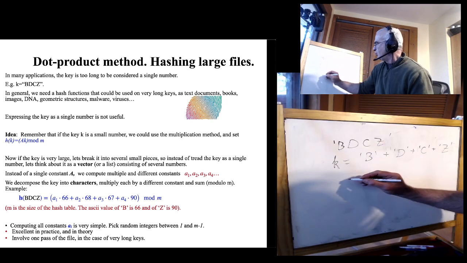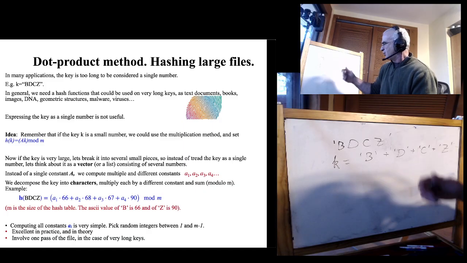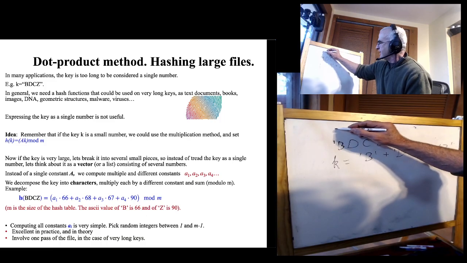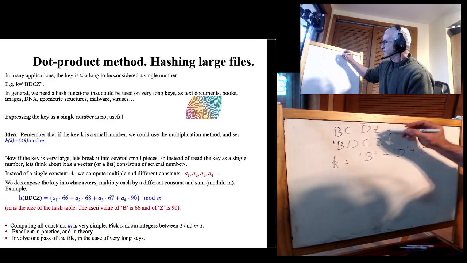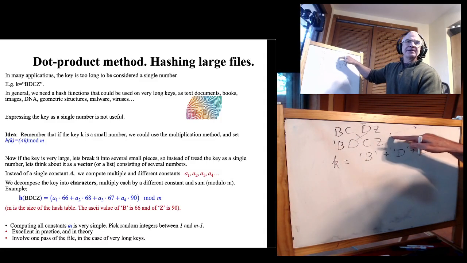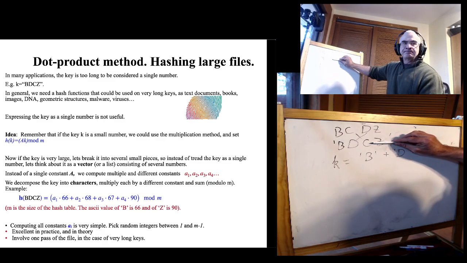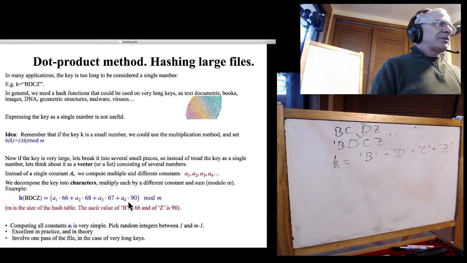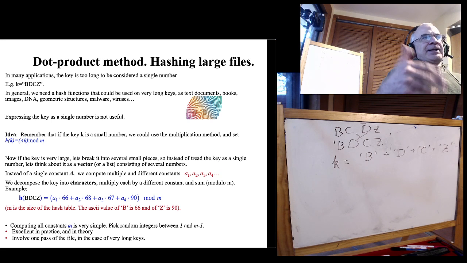Well, I said that I always have collisions, but at least I'm trying to make collisions more rare. And if my key is B, C, D, Z, that is, I just take a permutation of these two letters, I hope that my hash function can distinguish between this key and this key, which is not the case if I just sum up the ASCII values. That's why I prefer to multiply each one by a different constant and thereby increase the variability.